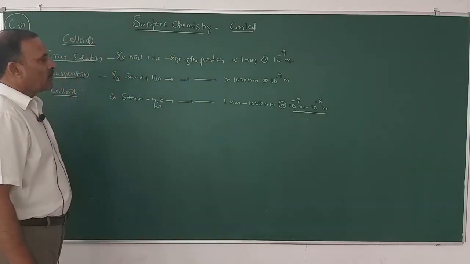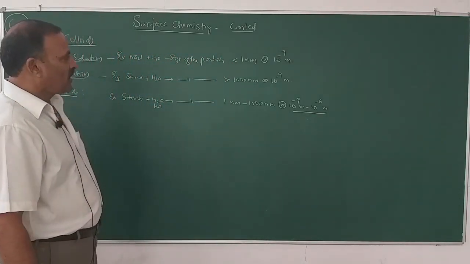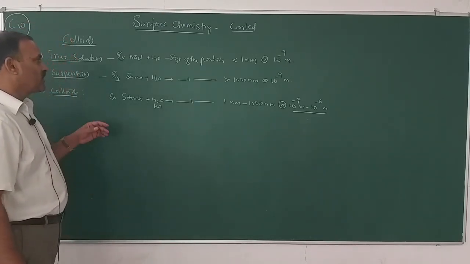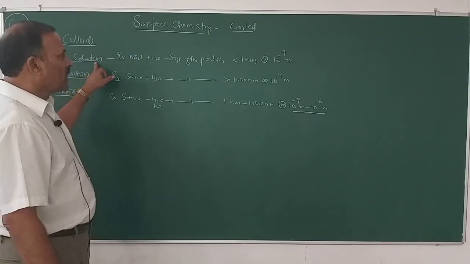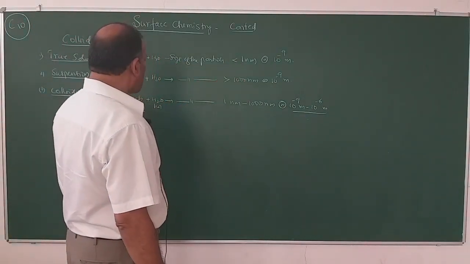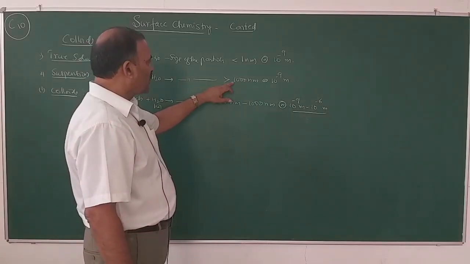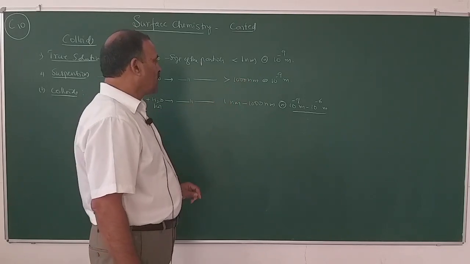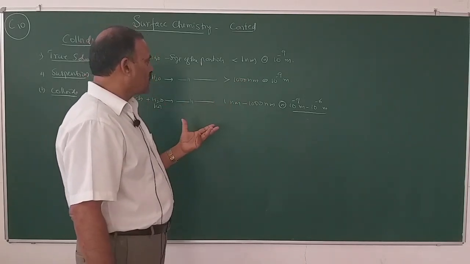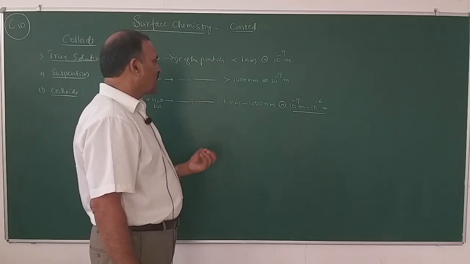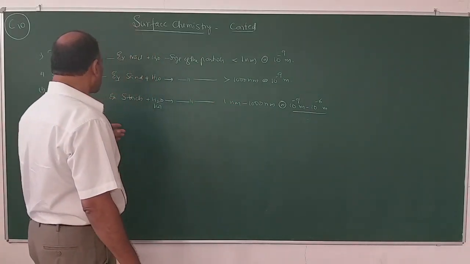So depending upon the size of the solute particles in the solution, solutions are classified into three types, namely true solution, where the size of the particle is less than 1 nanometer, and suspension, where the size of the particles of solute is greater than 1000 nanometer. If the size of the particles of the solute is greater than 1000 nanometer, the particle will settle at the bottom of the beaker.